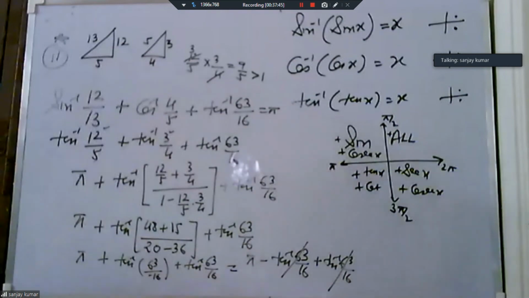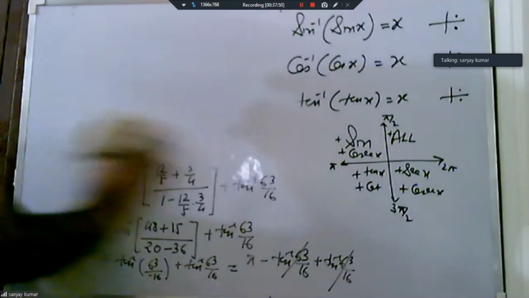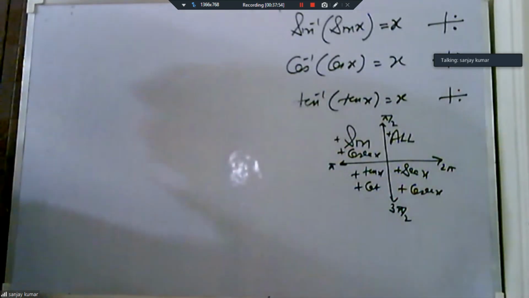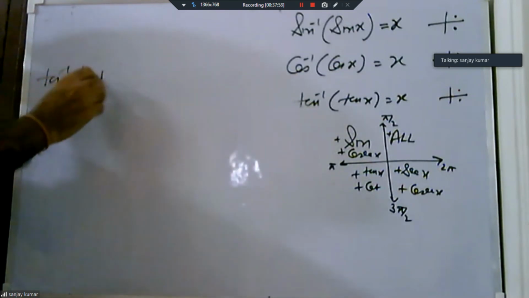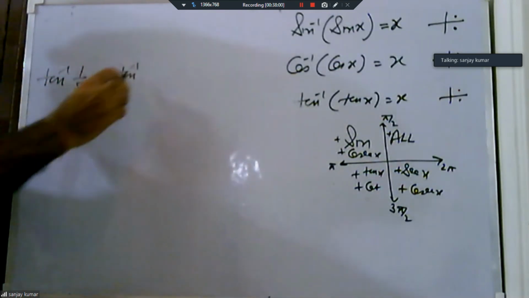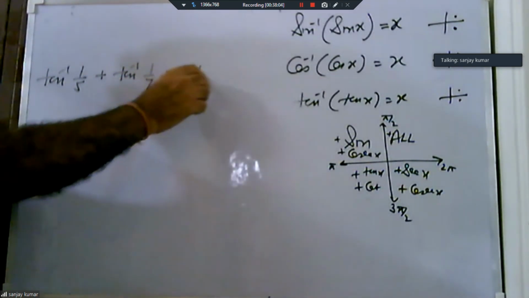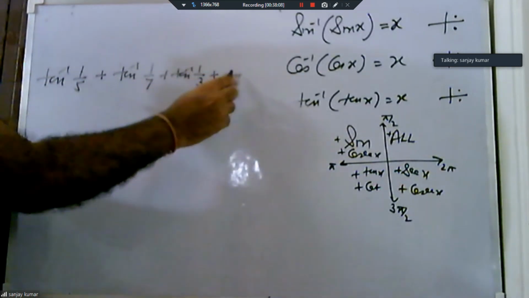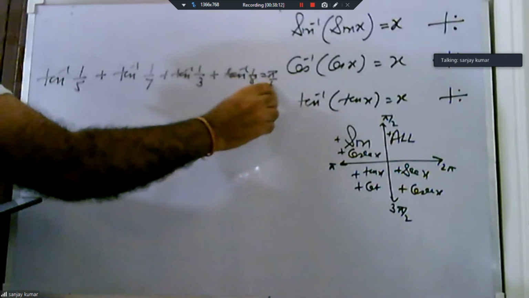Now, take another question, the last question of today. Please write. This is for when you have 4 numbers. I will also give the solution, but first you start: tan inverse 1 by 5 plus tan inverse 1 by 7 plus tan inverse 1 by 3 plus tan inverse 1 by 8. The answer is pi by 4.